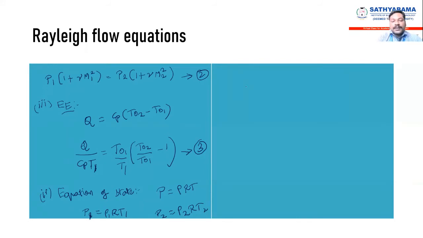Now you are dividing these two equations as P2 by P1 equal to rho 2 T2 by rho 1 T1. So this is the equation of state representation, and we are following this representation for finding the flow variables of the Rayleigh flow equation. Let this be equation 2, right?